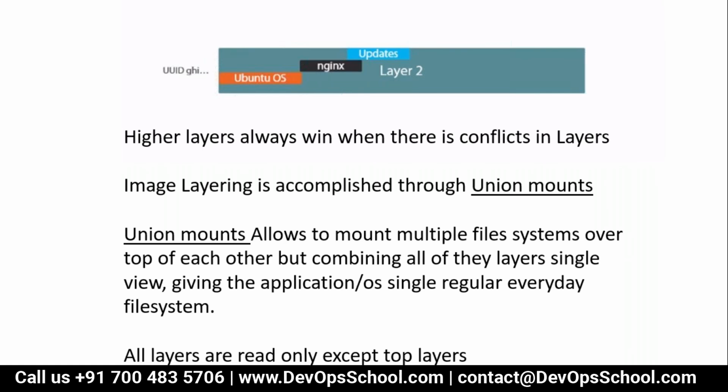By combining all of the layers into a single view, all the layers will combine and it will look like it's an operating system, but it's not. That's because of union mount, it merges all the layers. You have a root file system plus xyz applications and all, so it merges and creates a view, something like a regular everyday file system of an operating system.